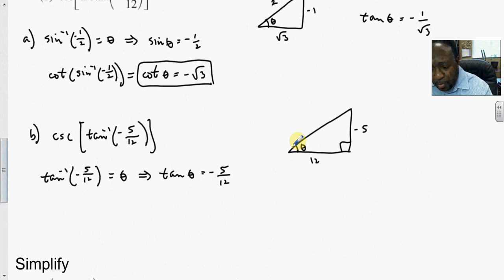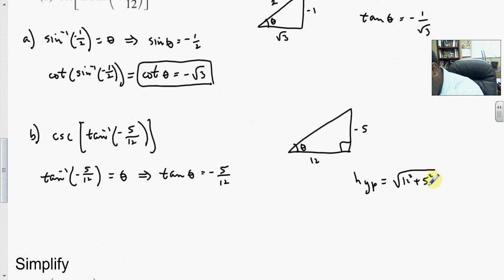Using the Pythagoras theorem, the hypotenuse is the square root of 12 squared plus negative 5 squared, but when you square it, it's going to be positive, so it gives us 13.